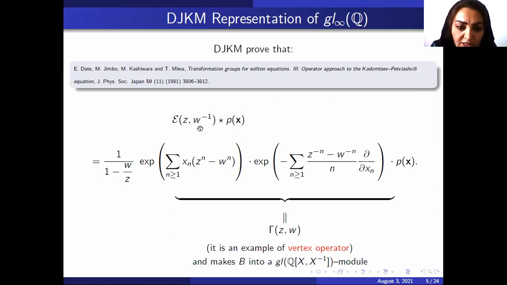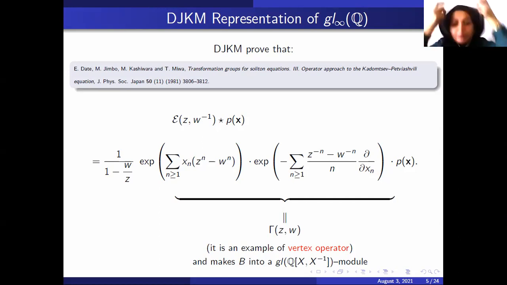E(z w^-1) is a generating function of basis elements of gl_infinity(Q). And they should know how it acts on a typical element of P, say P(x). And they prove in this cited paper that if you act by E(z w^-1) on P(x), what you get is this nice expression.